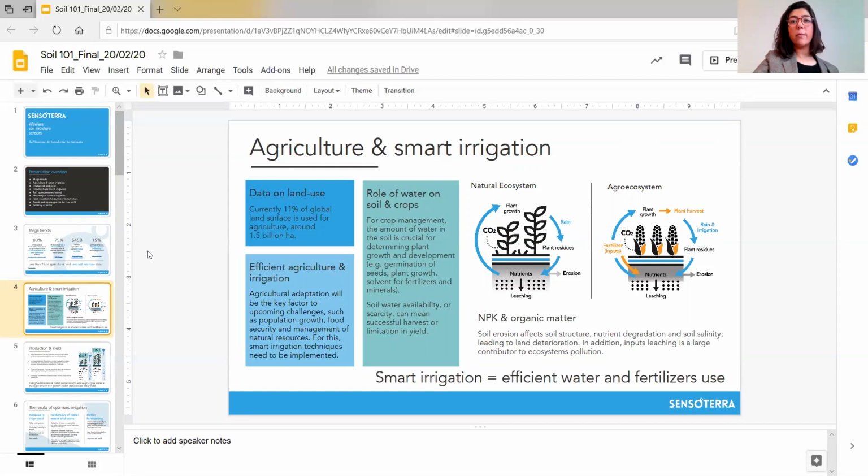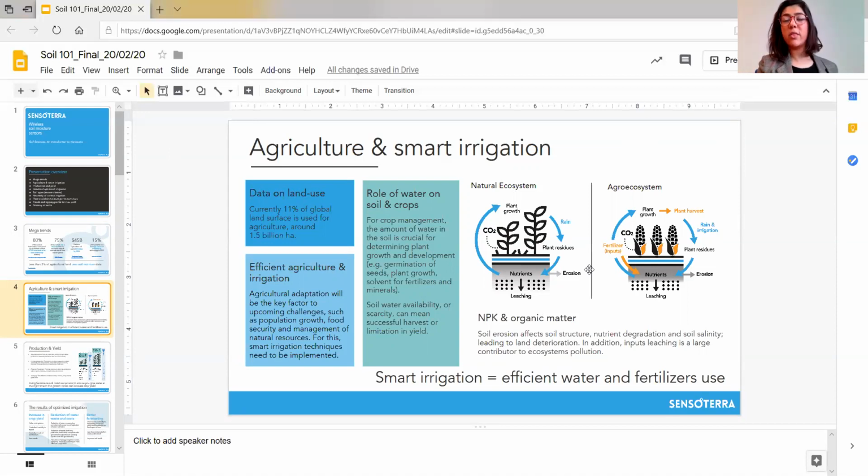Here we see a small sketch comparing on the left natural ecosystems and on the right agro ecosystems. We know that when talking about agriculture, there are natural pressures that the agriculture inputs they apply in the soil and in the system.